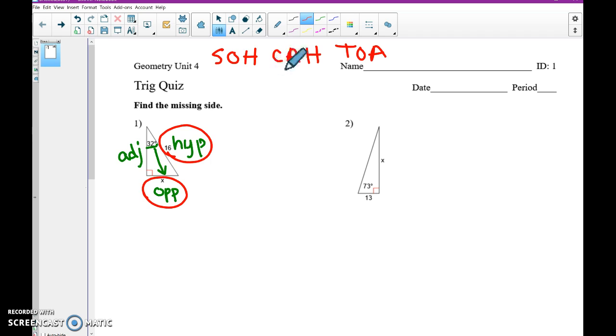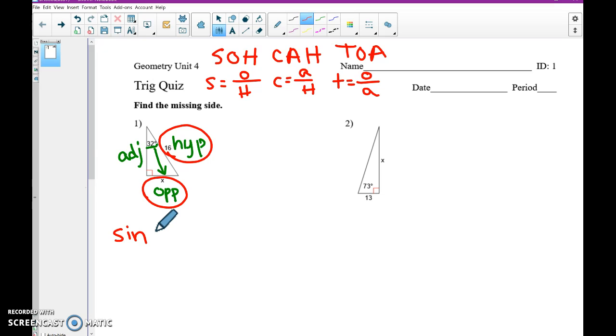CAH is cosine, adjacent over hypotenuse. Let me write those out. Cosine is adjacent over hypotenuse, and tangent is opposite over adjacent. So that helps us remember which one we can actually use. If I'm doing opposite and hypotenuse, the only one that fits that is the sine.